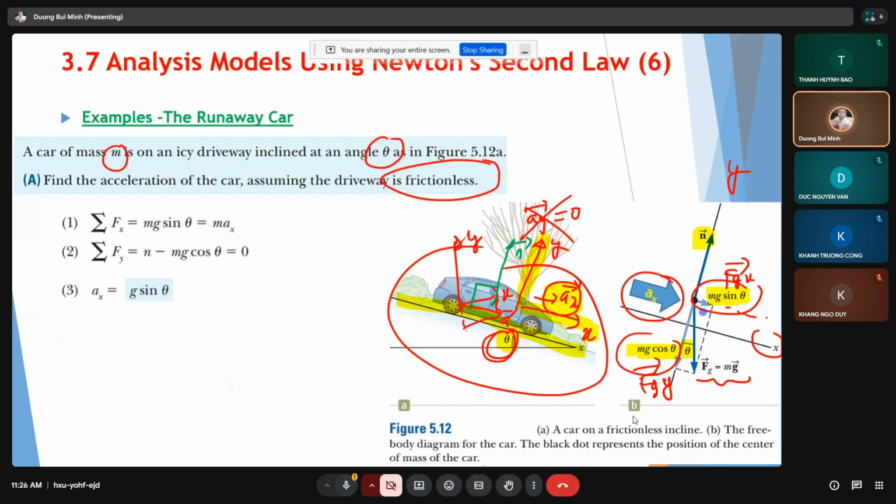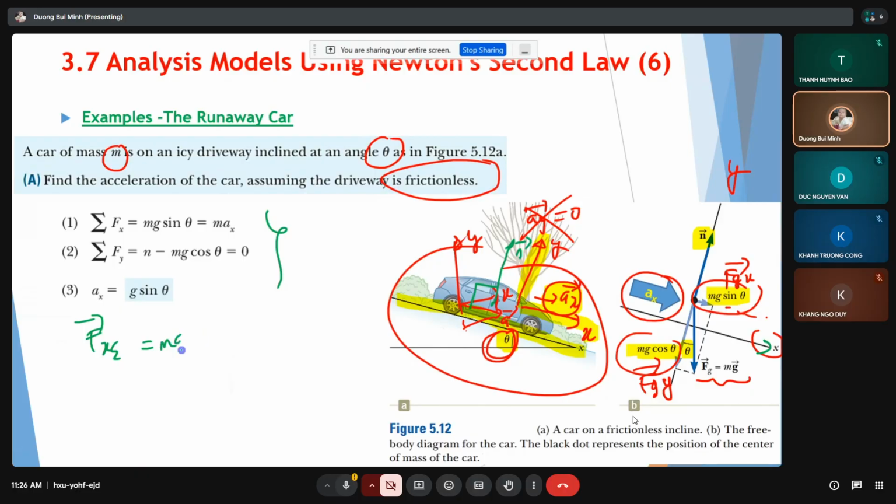So now we get the vector diagram, the force diagram, and then you can formulate the vector diagram into equations. So now we have Fx total. Here, this is x, this is a_x.